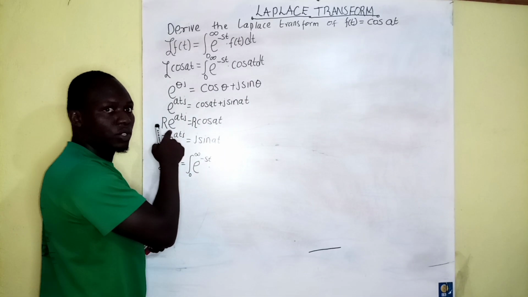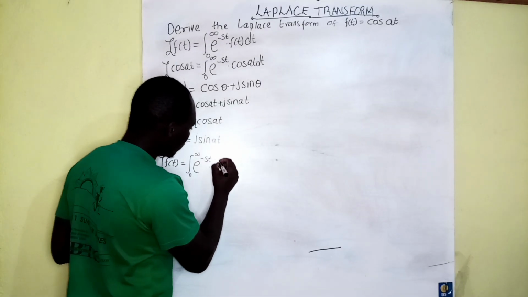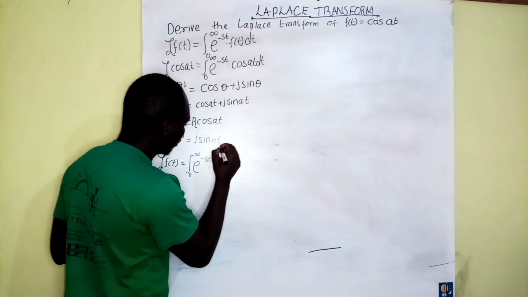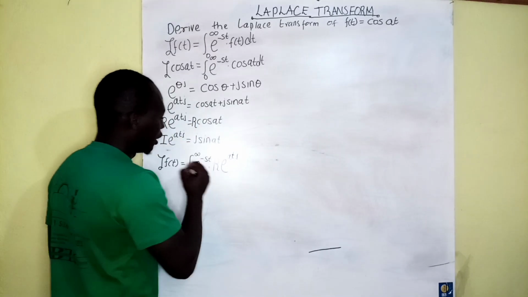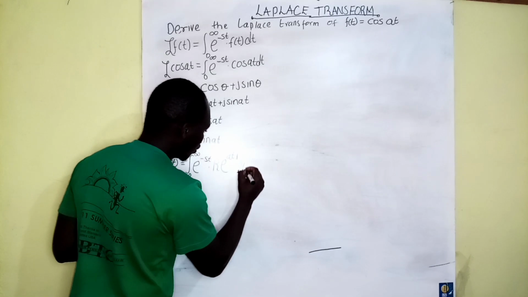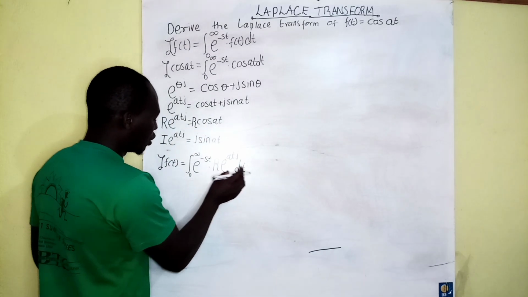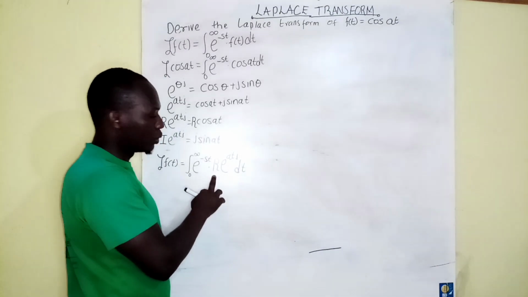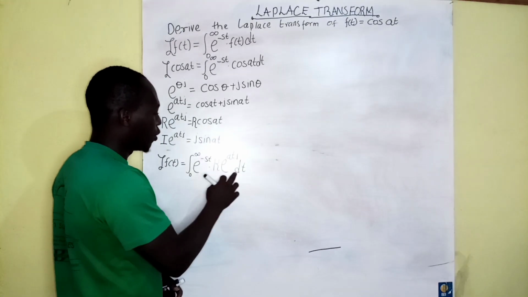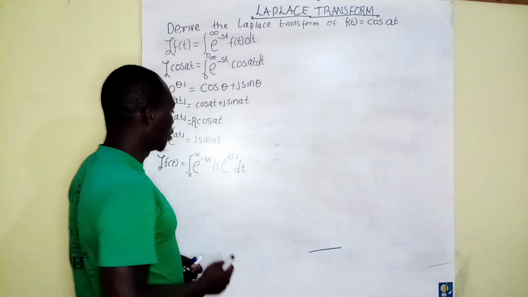Our cos at was equal to r exponential atj, and our integration was with respect to dt. At this point, we can factor out r because it is not a term of dt, because here we are integrating with respect to time.